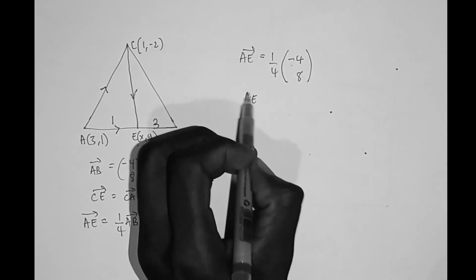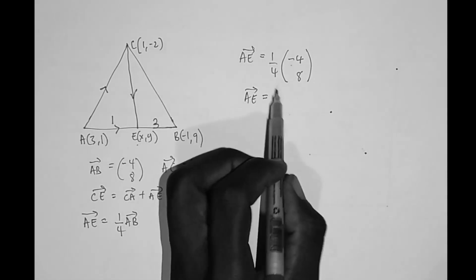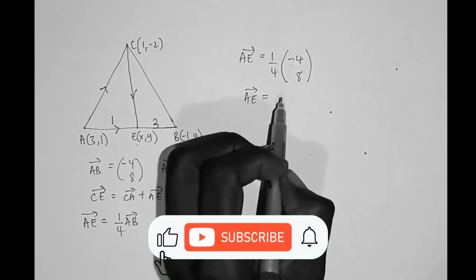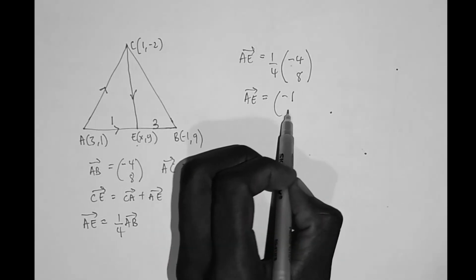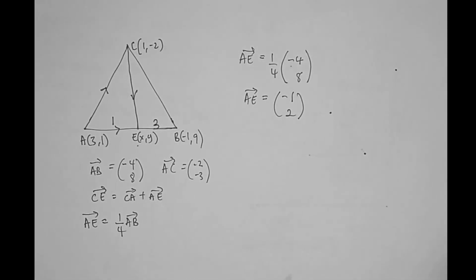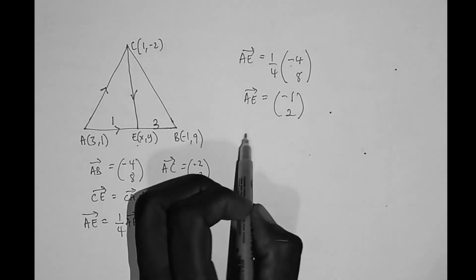So AE is equal to 1/4 times -4 is -1, and 1/4 times 8 is 2. So vector AE is -1 and 2.